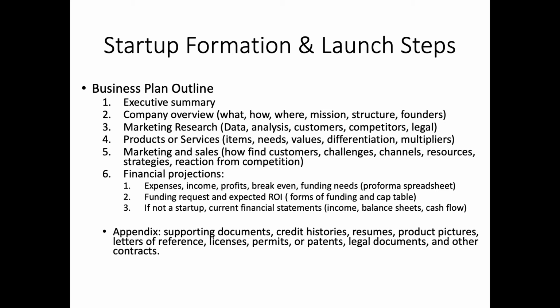That's the next section. So in the appendix, we want to put all types of supporting documents, any credit histories and resumes of the founders, pictures of prototypes or products, letters of reference, licenses that we have or need to acquire, permits, patents that we have, legal documents that we've already put together that might describe the relationship with the prospective investor, things like this.